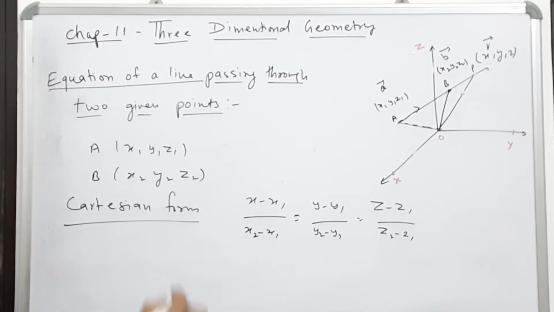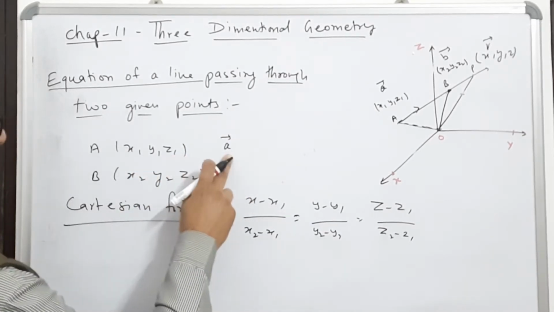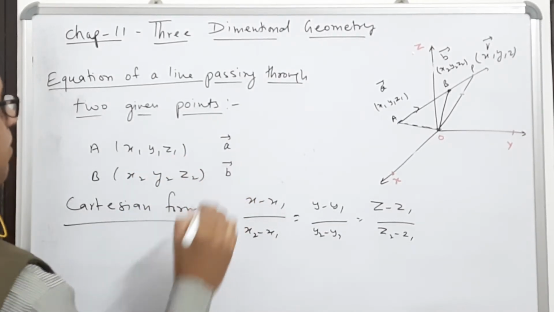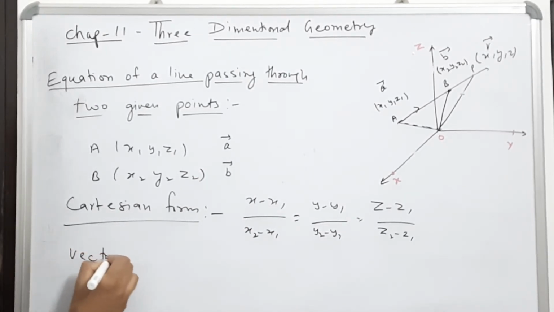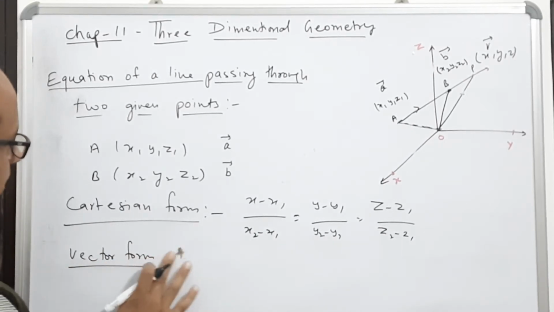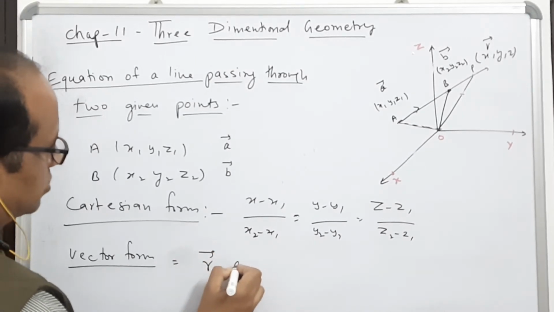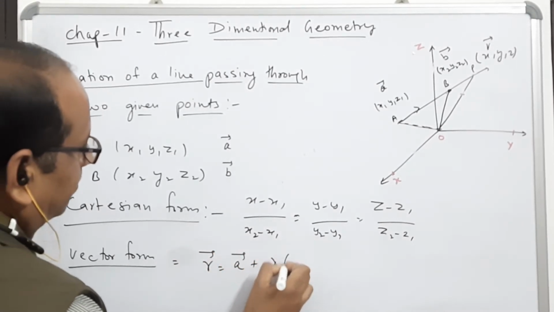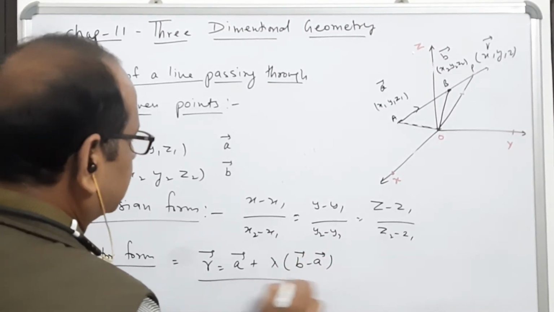So in this way we can find the equation of the line passing through 2 points, and if the position vector of point A is A vector and the position of point B is B vector, then the vector form of the line will be, see this now, R vector equals A vector plus lambda times (B vector minus A vector). See this formula.